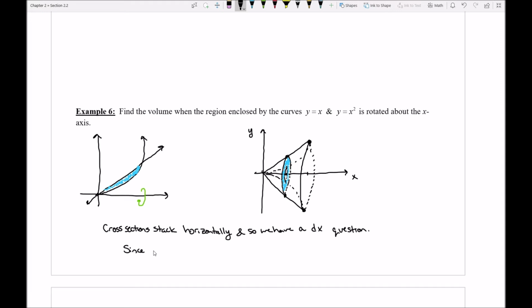So I'll say here, since our cross section is not a circle, we cannot use the disk method. That will not work.